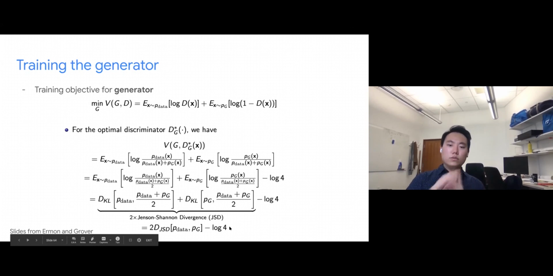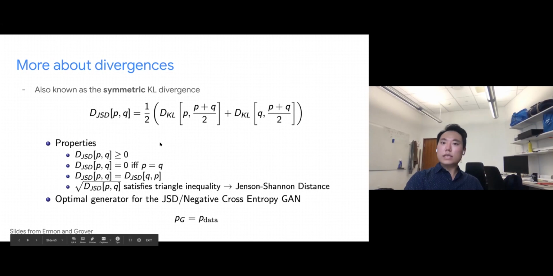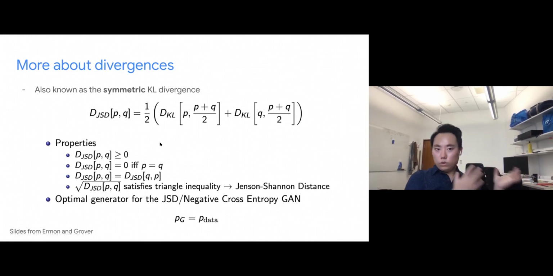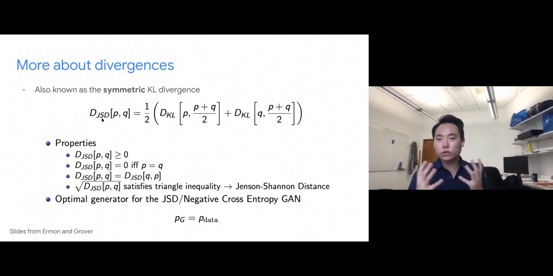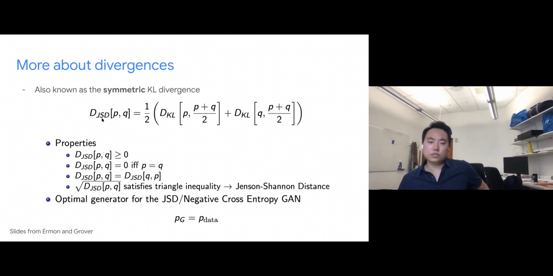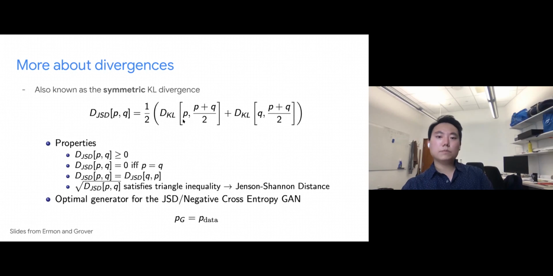So why is this important? This Jensen-Shannon divergence is a pretty important term. We've looked at KL divergence, and we looked at VAEs, which measure a notion of divergence between distributions P and Q. This Jensen-Shannon divergence is just another way of measuring divergence between two distributions. And it is very closely related to KL divergence in the sense that it's a symmetric KL divergence. You take a KL between P and the average of P and Q, and the KL between Q and the average of P and Q, and you take the average of both of those.